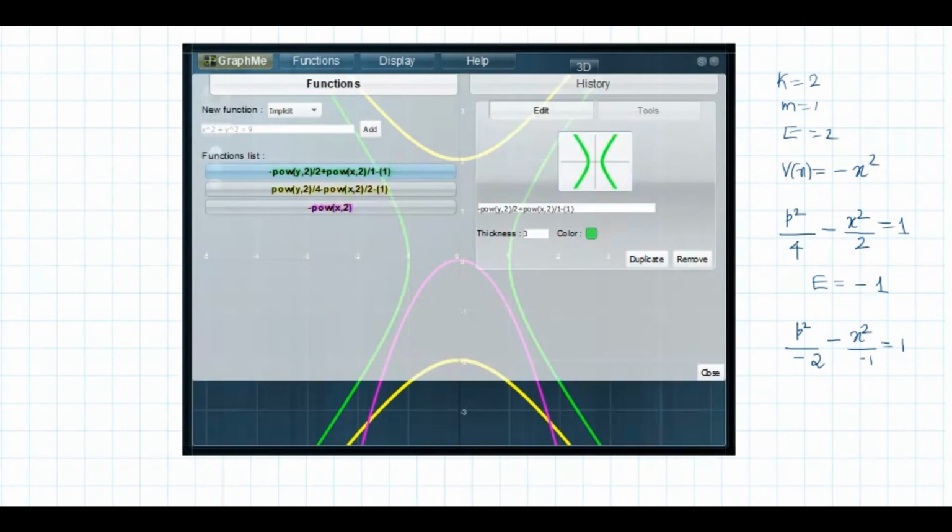Now what happens if energy is equal to 0? If energy is equal to 0, then the equation is p square by 2m minus half kx square equal to 0.